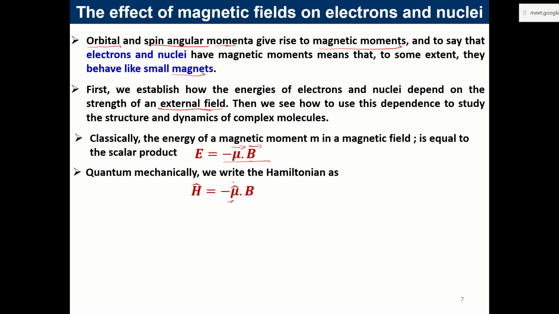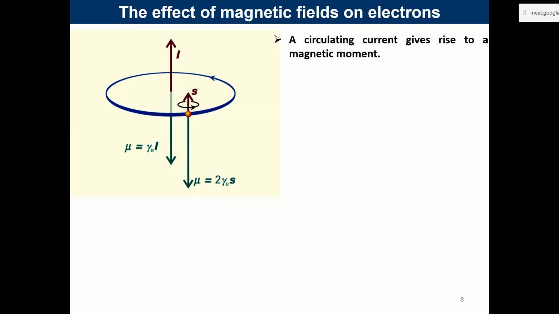Here, this is an electron, and the vertical arrow you are seeing is the orbital angular momentum L, and this small s is the spin angular momentum.